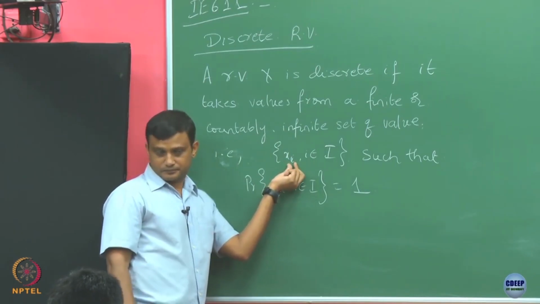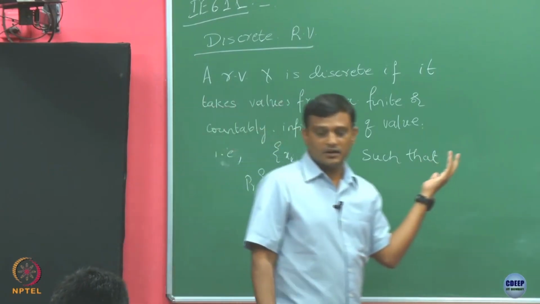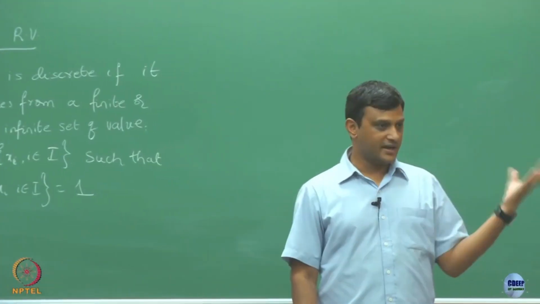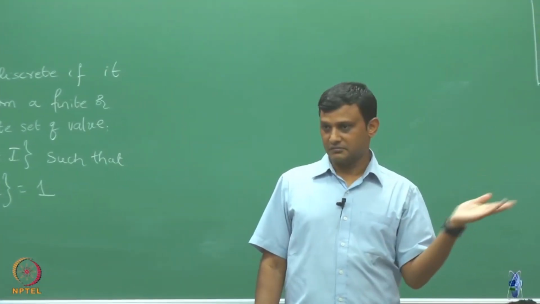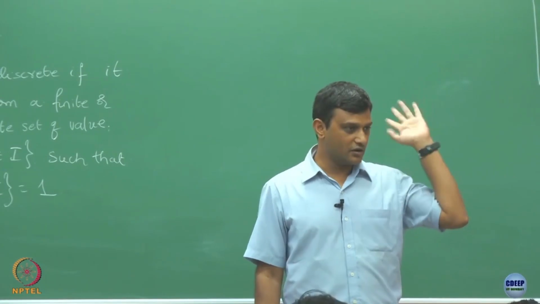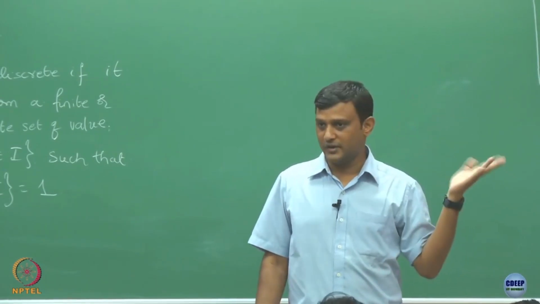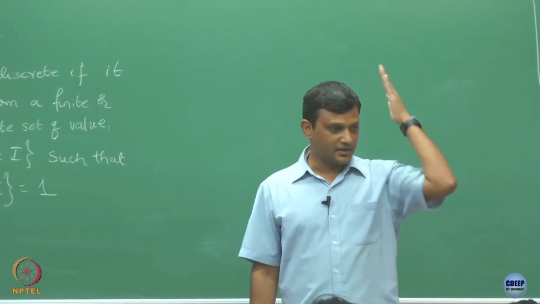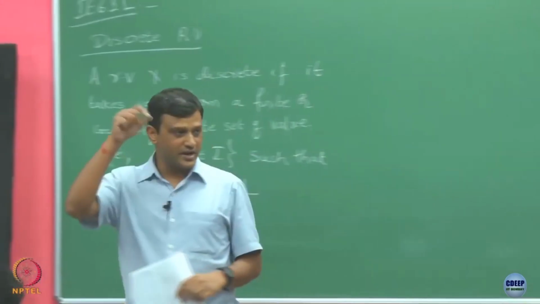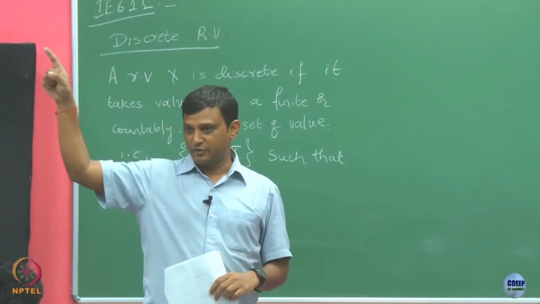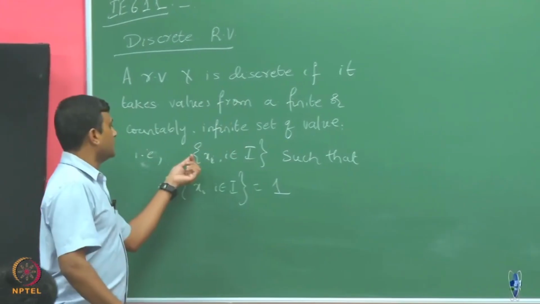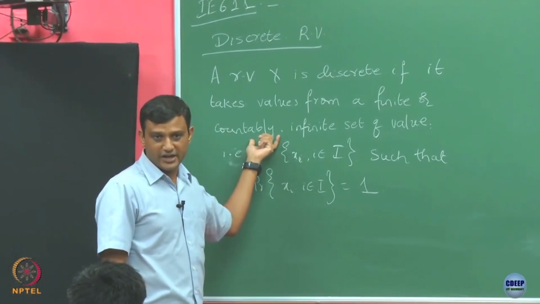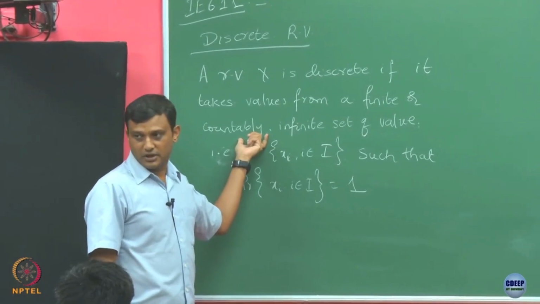For example, if you want to model the number of atoms that you are going to see in some experiment, there is no bound on how many atoms you could have, so you could be indexing them, 1 atom, 2 atoms, like that. But you are still able to index them, and you can enumerate them. So you understand the meaning of countably infinite, right? That means basically you are able to enumerate all the possible outcomes.